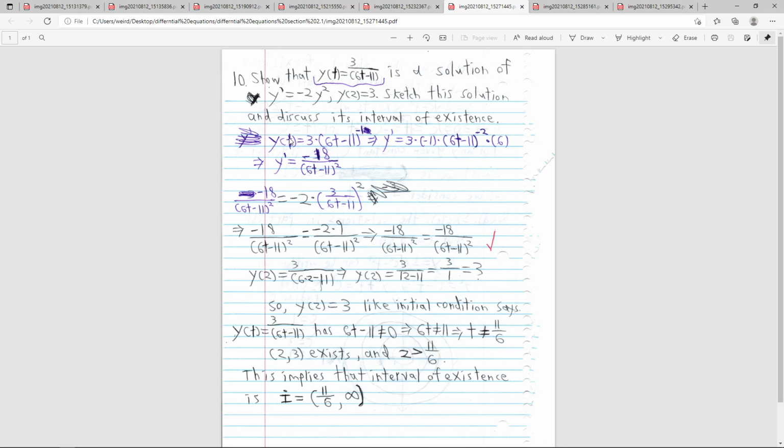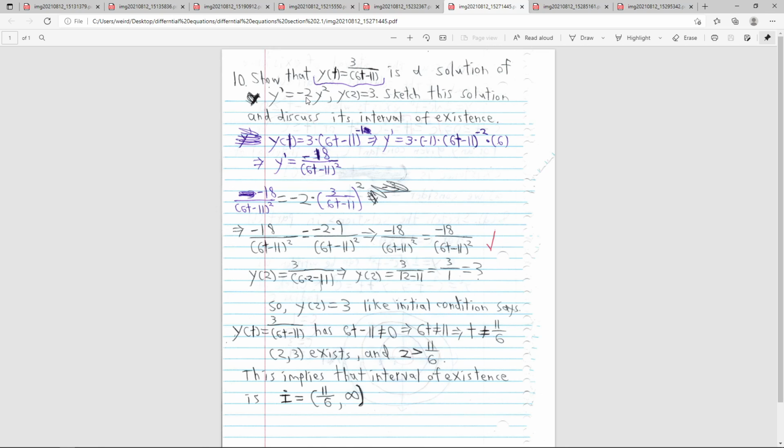Later on you'll get these initial value problems, so this is like a prequel to that type, having you think about an interval of existence. An interval of existence is basically where the solutions actually exist and matter for any discussion.